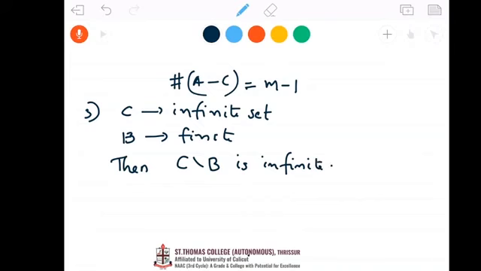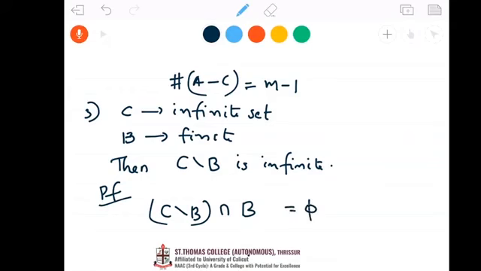So, we are given that C is infinite and B is finite, to prove that C minus B is infinite. Here also we are using the first part of the theorem. So, we need two disjoint sets. Do we have two disjoint sets here? Yes, they are C minus B and B. They are disjoint, so their intersection is equal to the empty set.